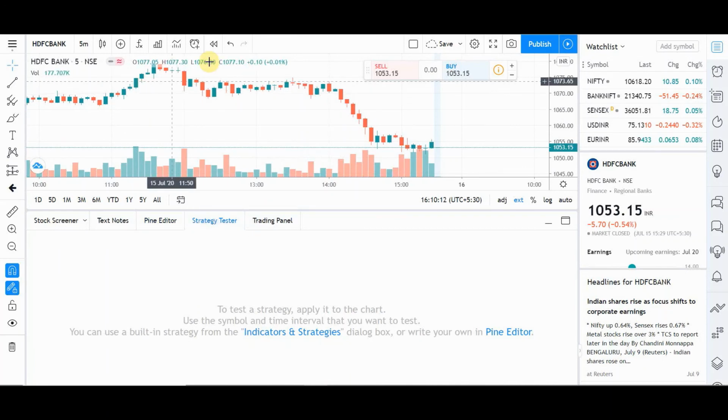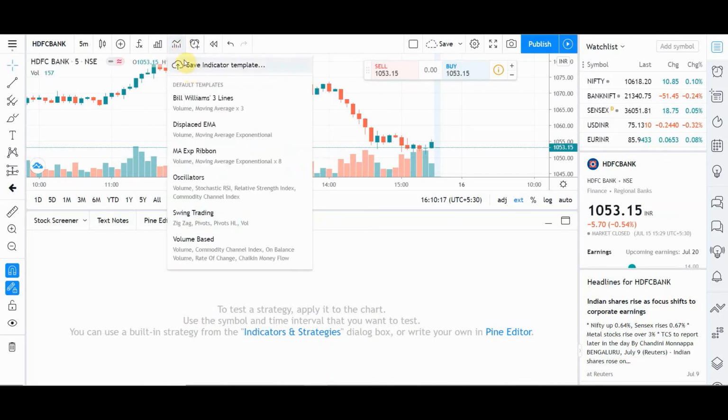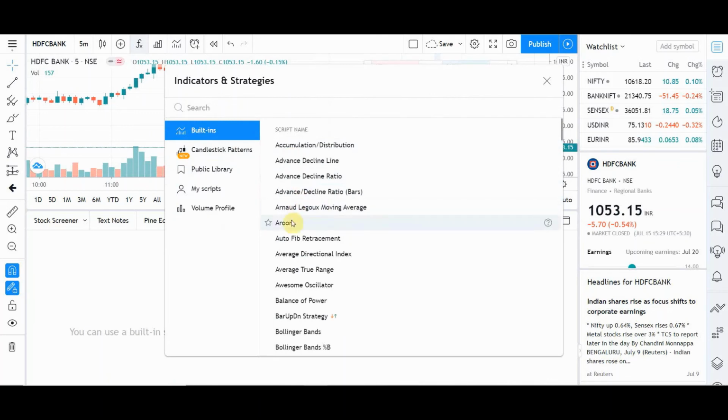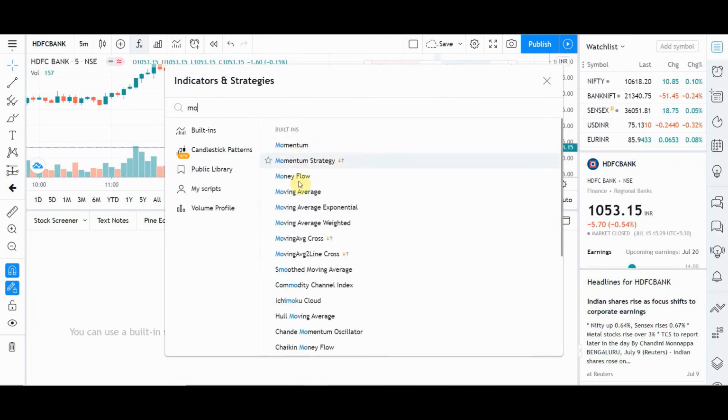Suppose I take a built-in indicator, I will take moving average. It will be posted here, and there are some strategies here too, like moving average cross.